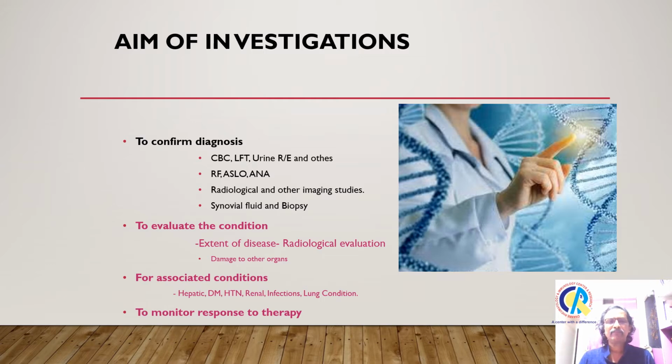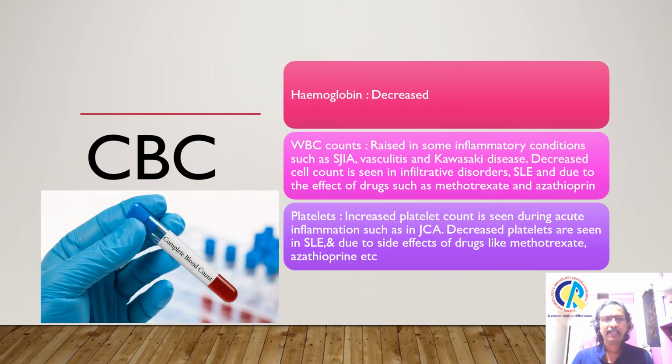Specific tests like rheumatoid factor, ASLO, ANA, ANCA also help in confirming the diagnosis. Radiological and other imaging studies, and if required synovial fluid and biopsy, do help in confirming the diagnosis. How should we interpret the complete blood count?